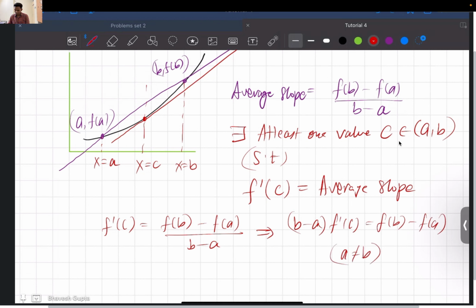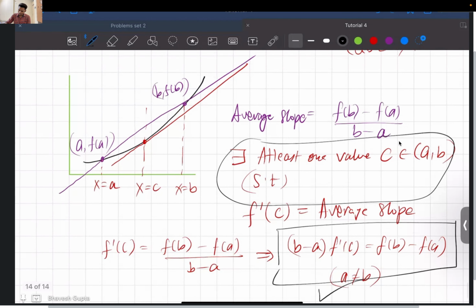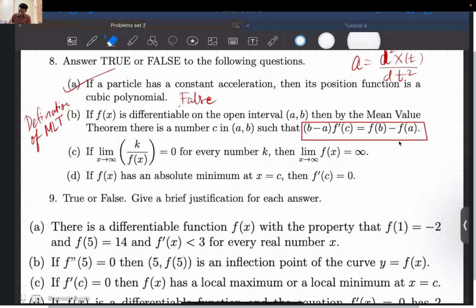That's important, because only then can you do this multiplication, otherwise you can't. So you can see that's a true statement. It's true, they always exist. That's what the mean value theorem tells you. So this statement turns out to be true.